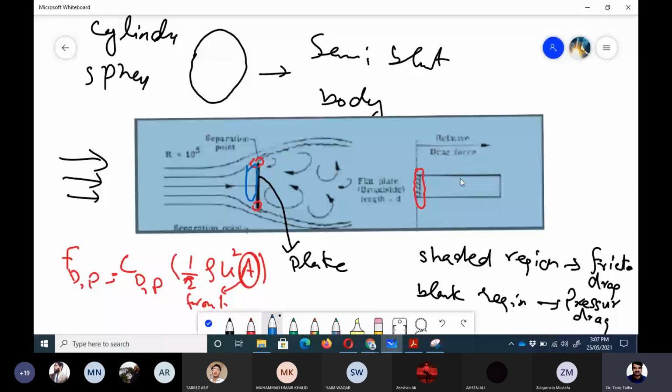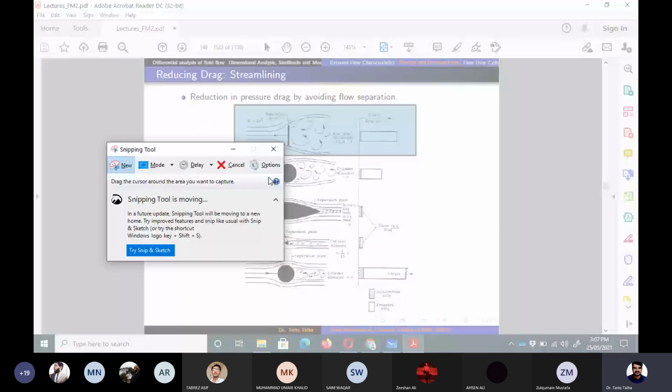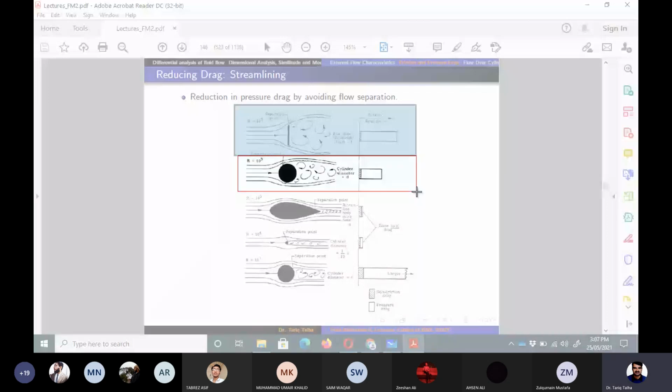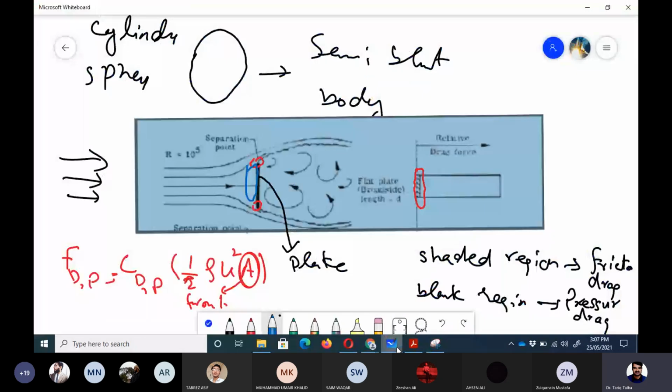Now let's see the next figure, which we can do here again. So now we talk about flow over a circular cylinder. Let me copy it. So I copied, and now we put it here.